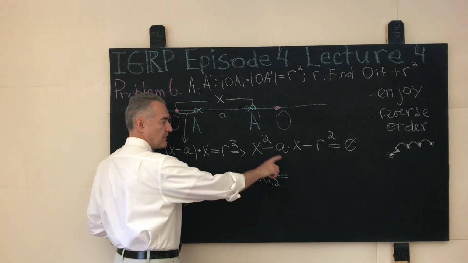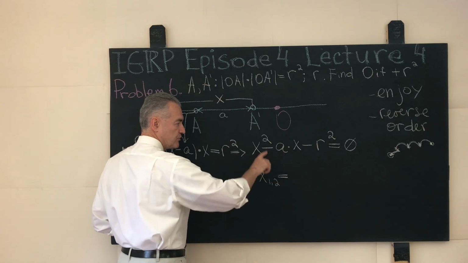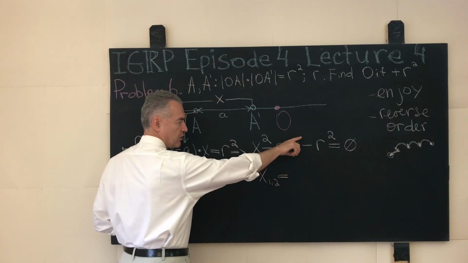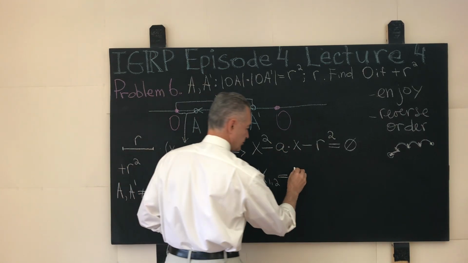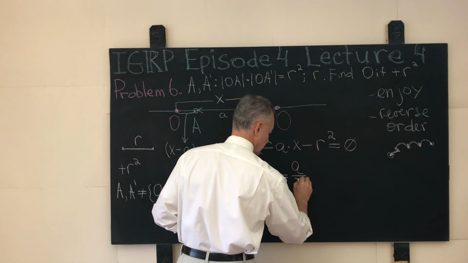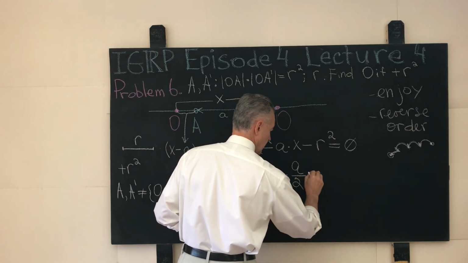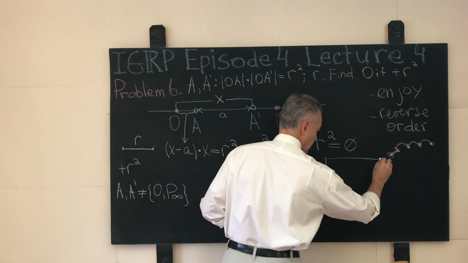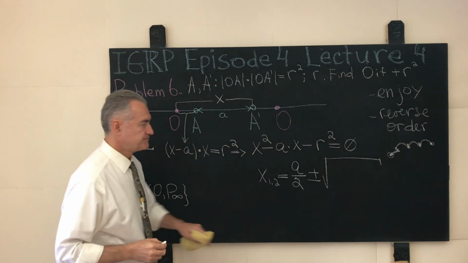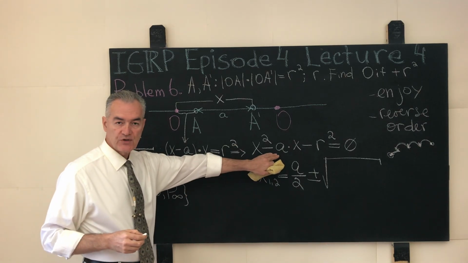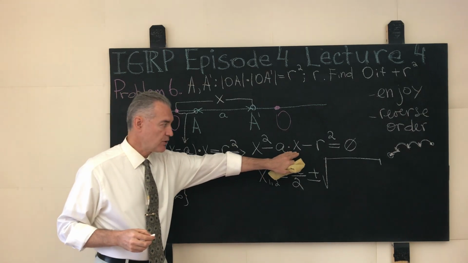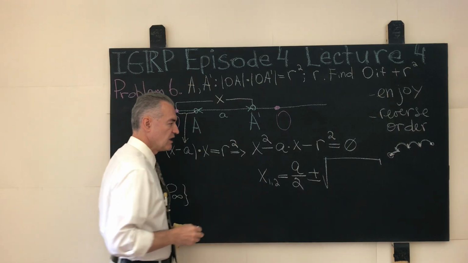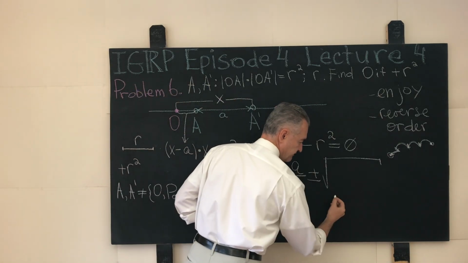This will be what? Minus the coefficient attached to the first power of the unknown divided by 2. This will be a divided by 2, and then plus minus square root of what? The square of the coefficient attached to the first power of x, and then that whole thing divided by 2.